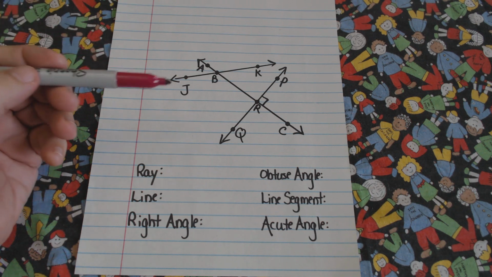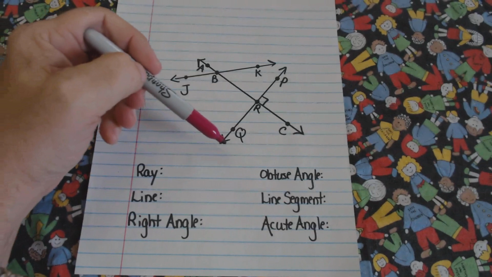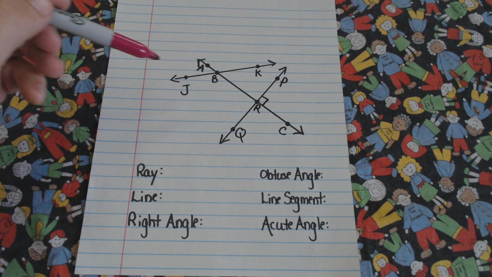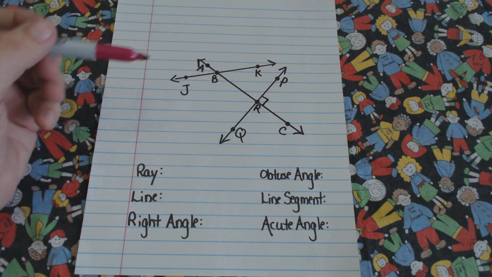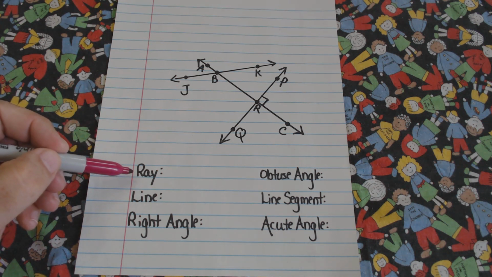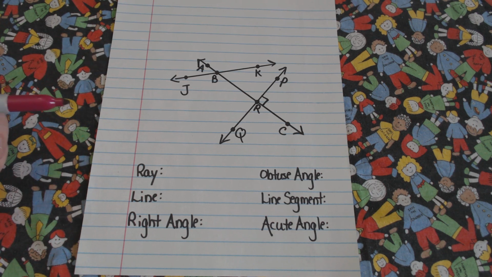Here is a drawing of certainly some lines, okay, and some other lines here with various points. So let's see if we can figure out what some of these things are. Can we identify a ray in this diagram? Well, there's several rays.